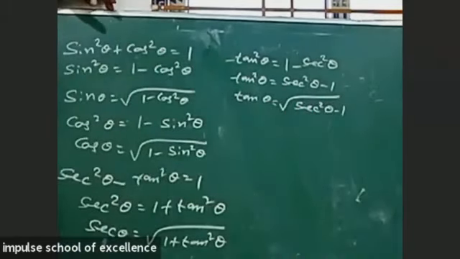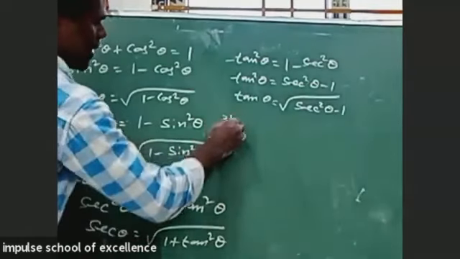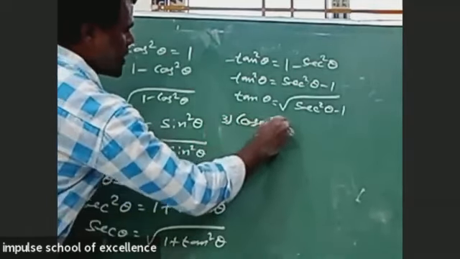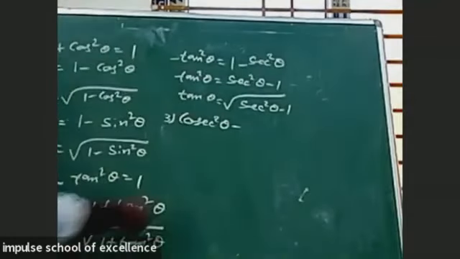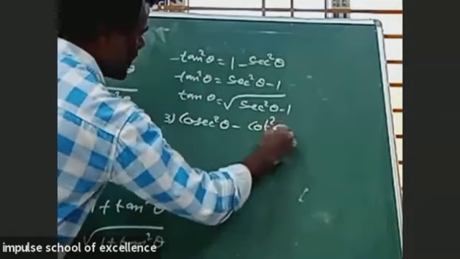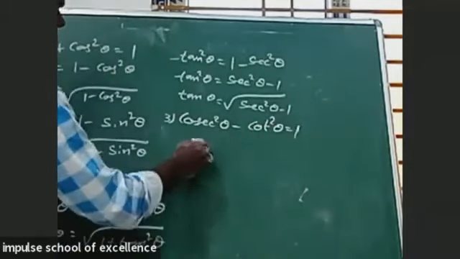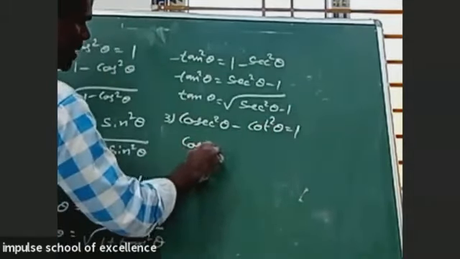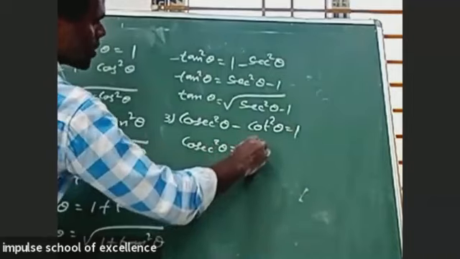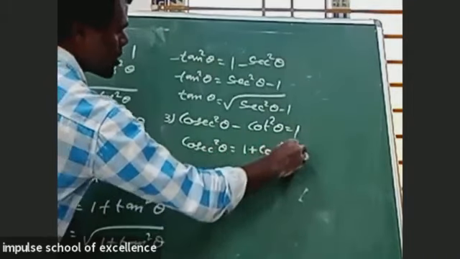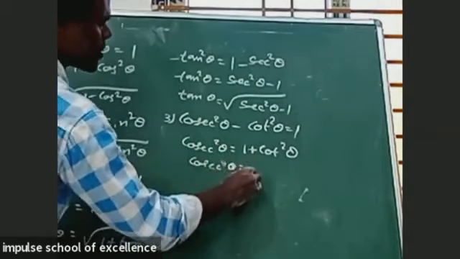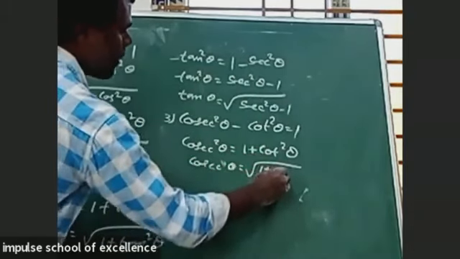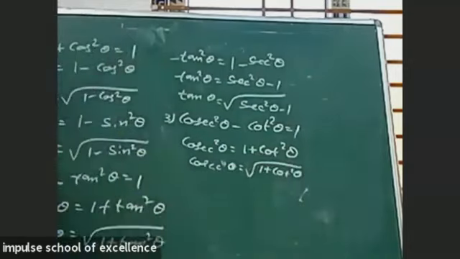And we have one more application. The third application is cosec square theta minus cot square theta is equal to 1. So we can write this as cosec square theta is equal to 1 plus cot square theta. So cosec theta is equal to square root of 1 plus cot square theta.